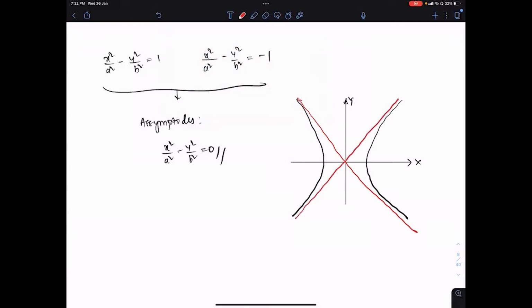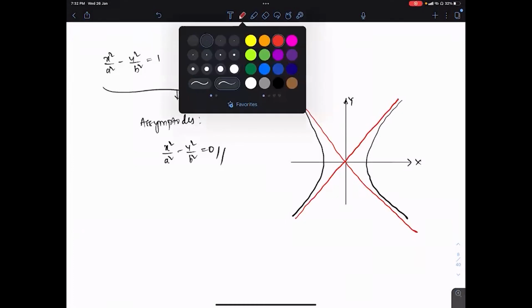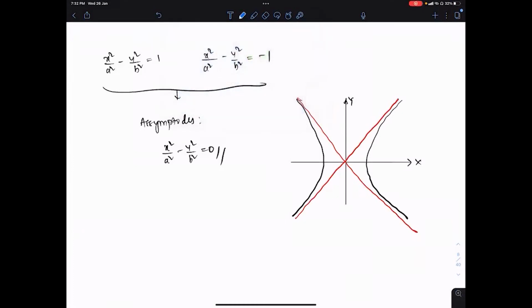So if you have a hyperbola opening right and left or up and down, whatever it may be, the equation will be either like this or like this. Then if you put the constant 0, you will get the asymptote equations.